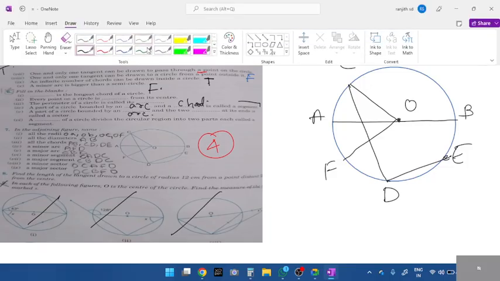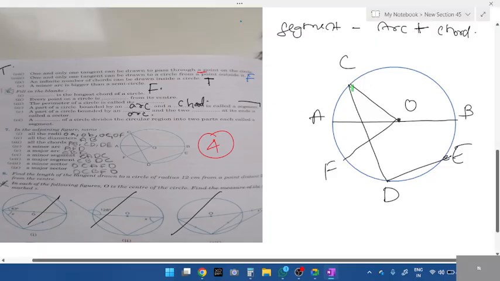What are the chords here? First, let us check the chords, students. Tell me the different chords here. CD is one chord. Next, what is the other chord? Next, AB is another. What about DE? First, they have asked minor segment.